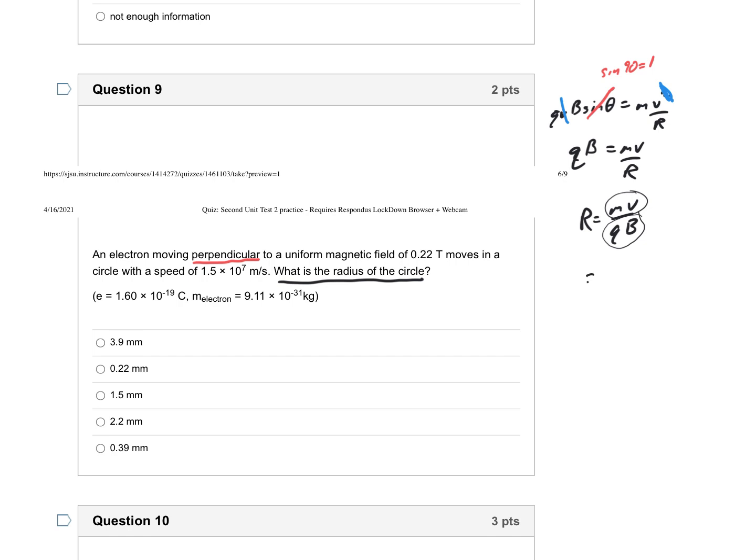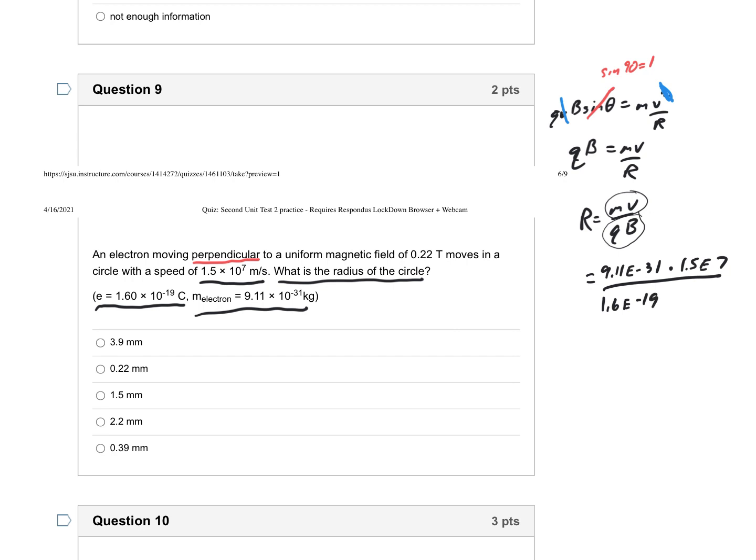Take all this and plug in all of our numbers. The mass, provided like so, 9.11 e negative 31. The speed, 1.5 e7. The charge is the charge of the electron, 1.6 e negative 19.